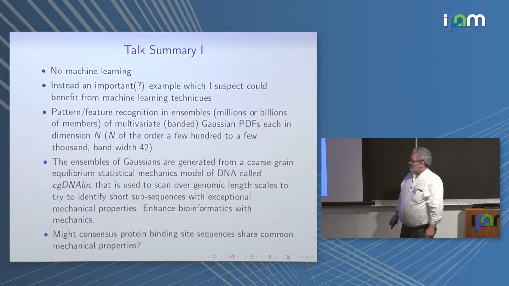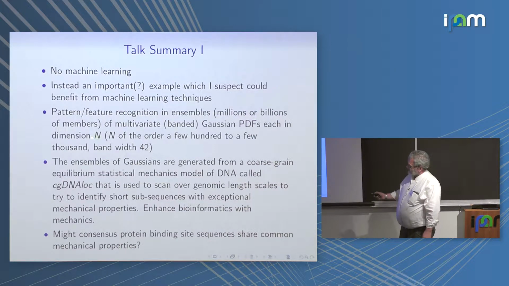Each of these millions or billions would be a PDF in a fixed dimension n for any one ensemble, and n would be of the order of a few hundred to a few thousand. And the bandwidth of these is 42.